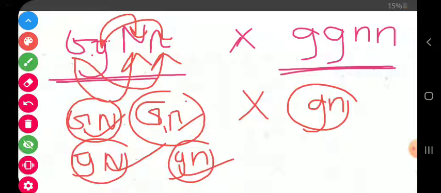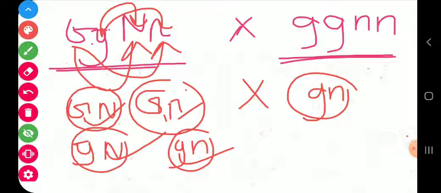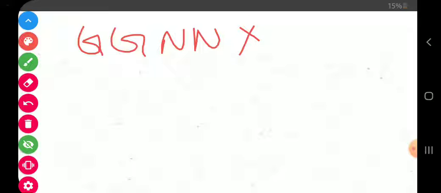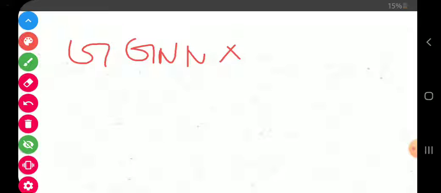Right, we can see then, according to the new findings, we have capital G, capital N, crossed with small g, small n. I'm not going to tell the names because I don't have much time. We get that back again: capital G, capital N, homozygous wild type, gray-bodied, normal wings, crossed with small g, small n.